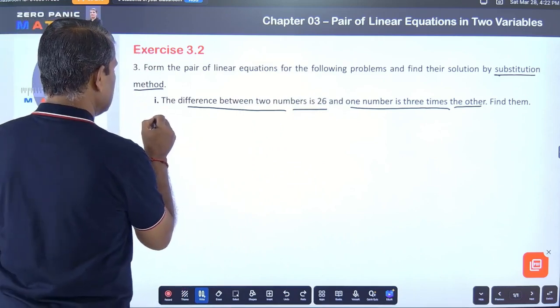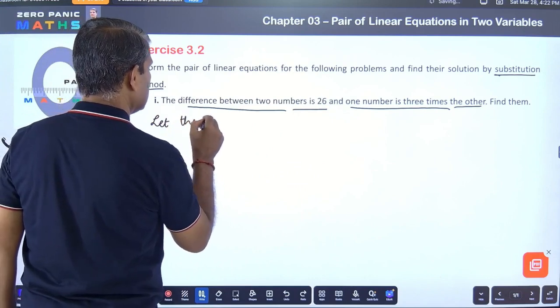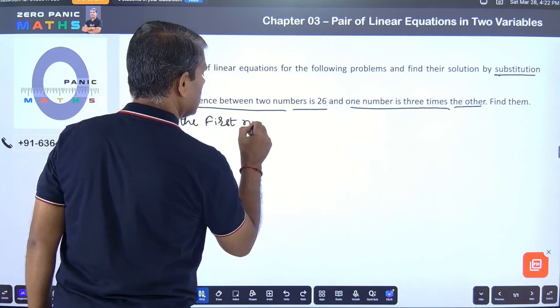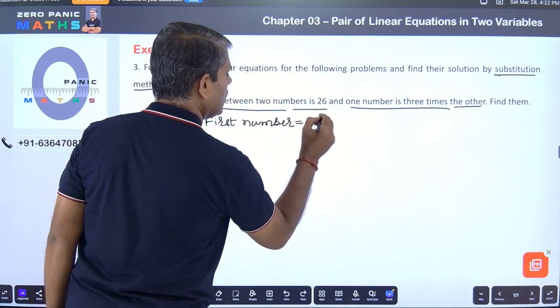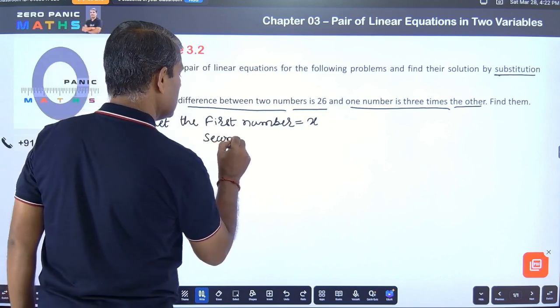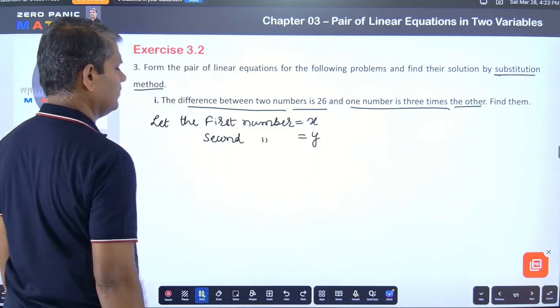Let the first number be equal to x and the second number be equal to y.